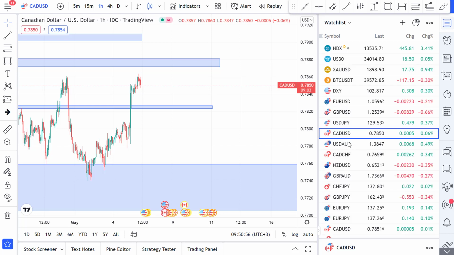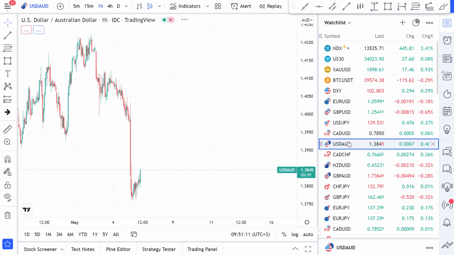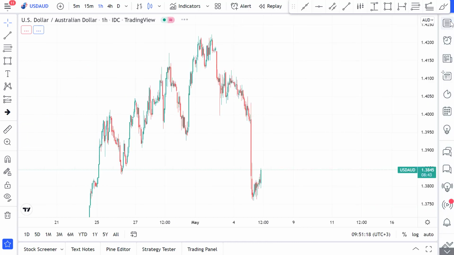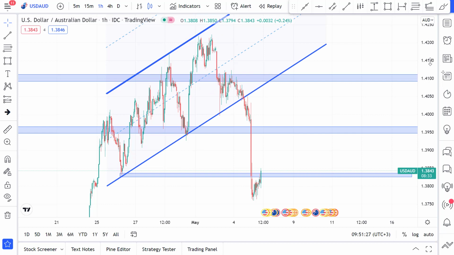And the last one is the Australian dollar. We can see the Australian dollar had the same situation last night in comparison with the United States dollar, but at the moment you can see the United States dollar is getting stronger.